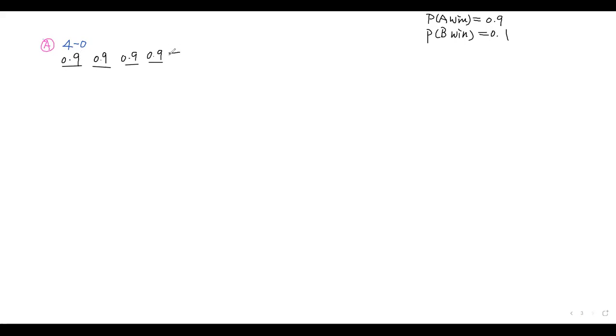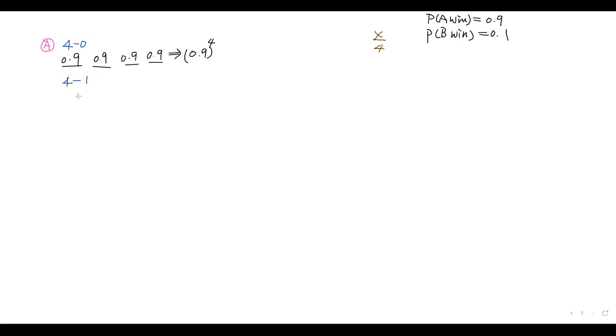So what is the probability? It's 0.9 to the how many? 4th. And what is the number of games here? 4 games, right? So you can do the same things.